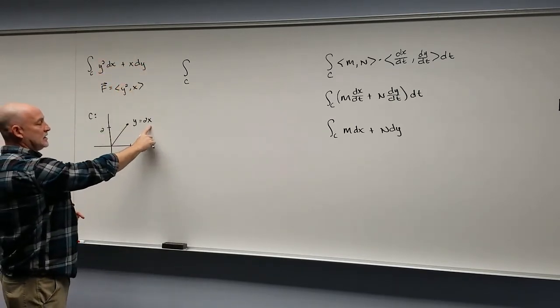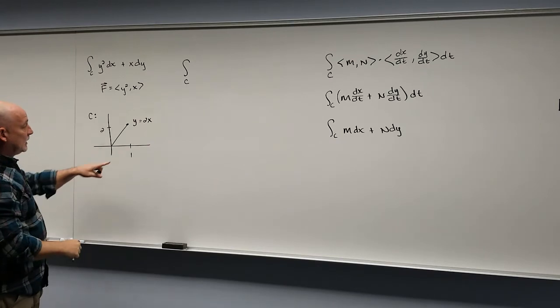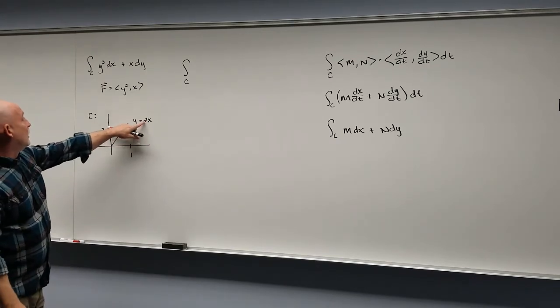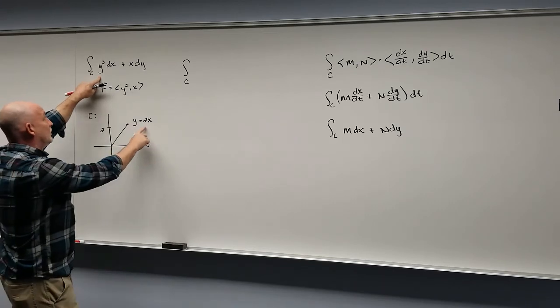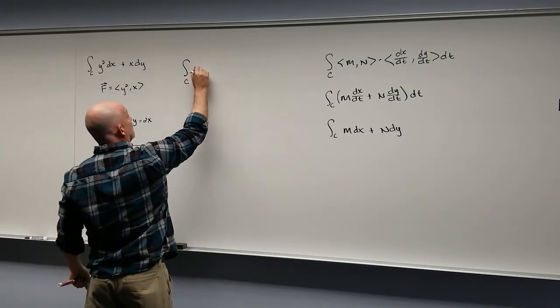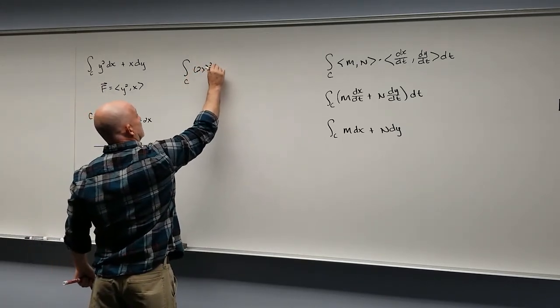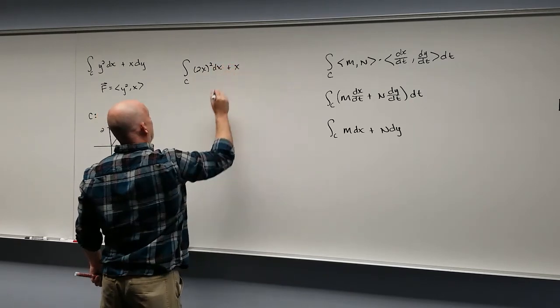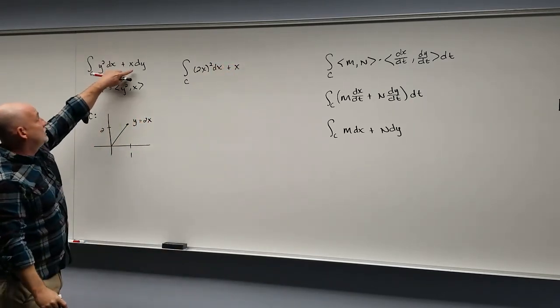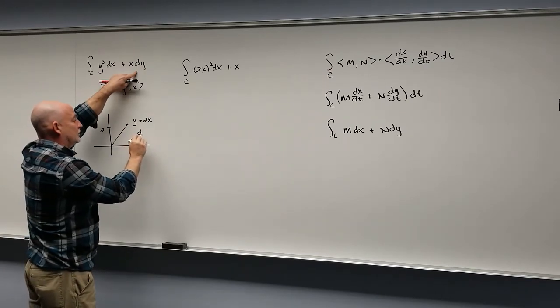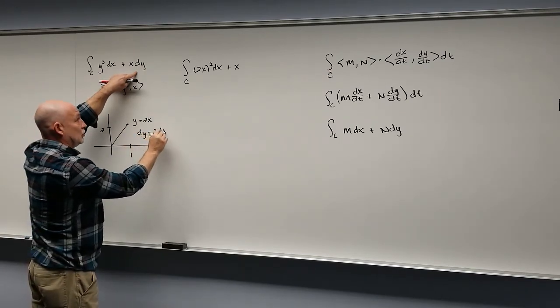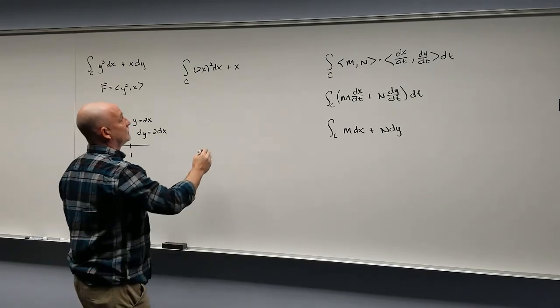Since y is the dependent variable here, I'm going to get this in terms of x's. So on this curve, what does y equal? Well, y is equal to 2x. So that's going to be (2x) squared dx plus x. Now what does dy equal? Well, since y is equal to 2x, dy is equal to 2 dx.